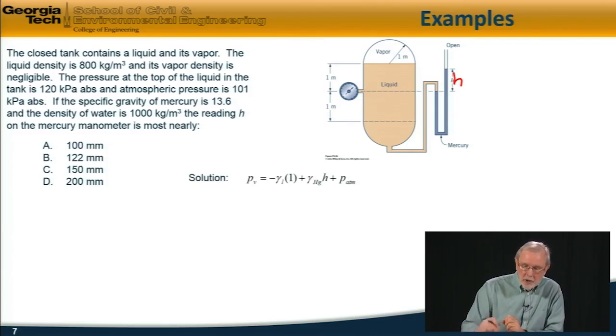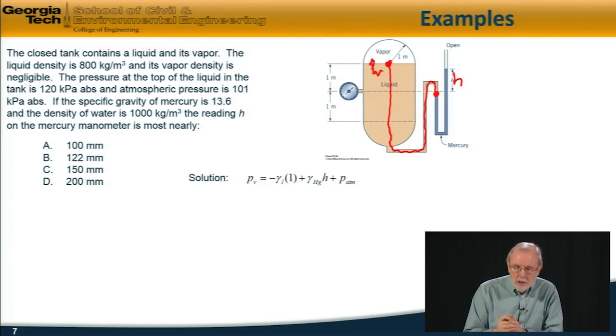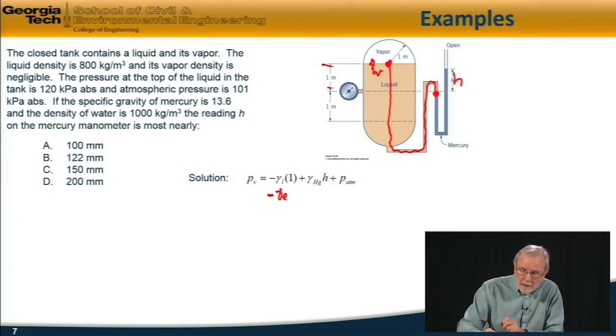So again, the solution, just follow those simple rules that I just gave you. Start at this point here, and the pressure at this point, which we'll call PV, is equal to, so first we go through the liquid here, all the way through here to here, just go through the continuous liquid, and this meniscus is lower than this meniscus, so it's going to be negative, and the hydrostatic pressure is minus gamma L, the specific weight of the liquid, multiplied by this height difference, which is 1 meter.